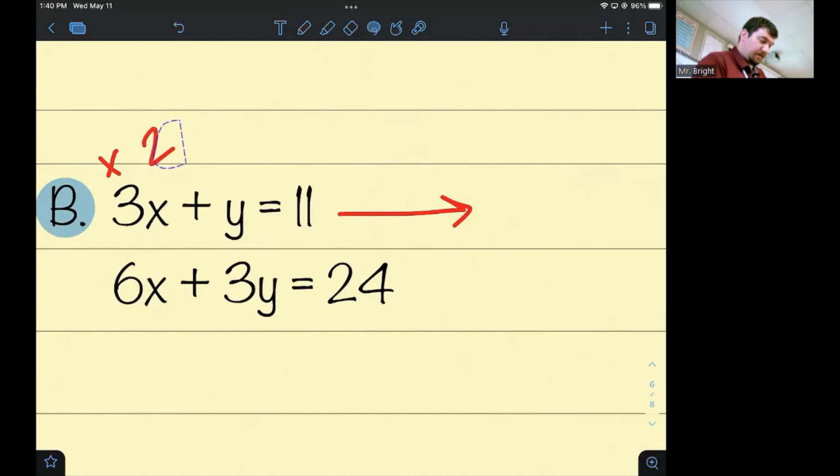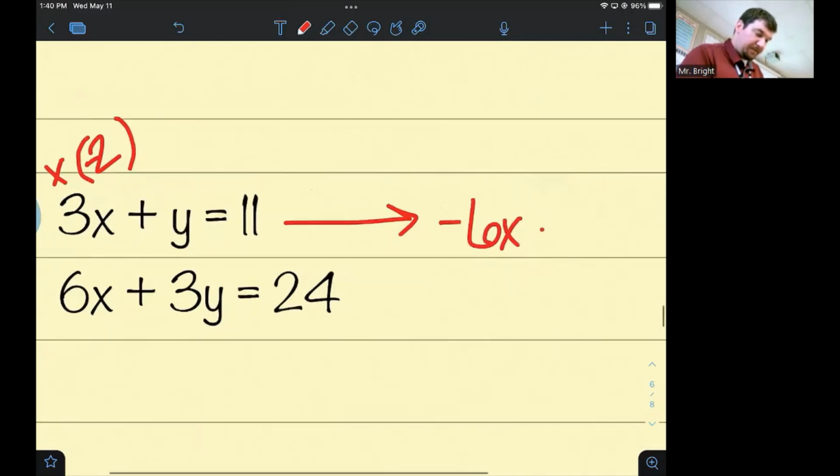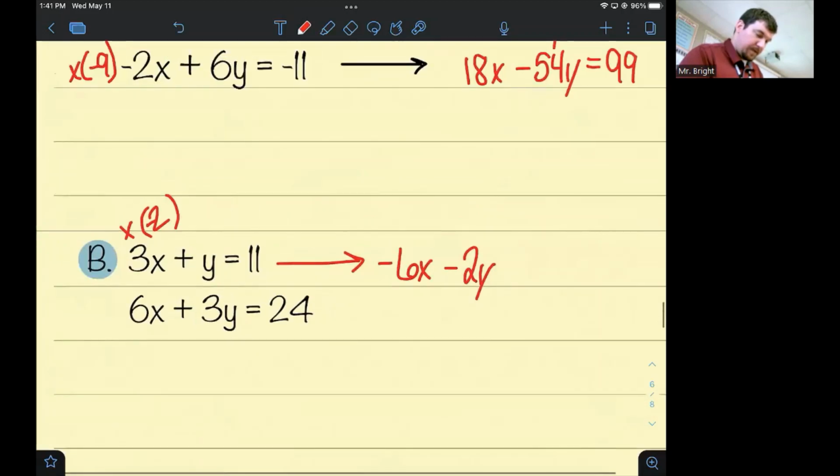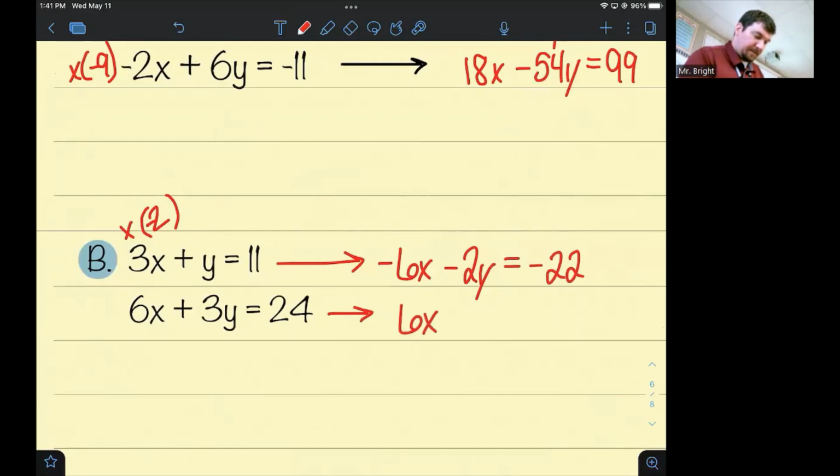You're exactly right. So -6x, -2y equals -22. The bottom equation, I do not have to mess with. Positive 6x, positive 3y equals 24. And I'm good to go.